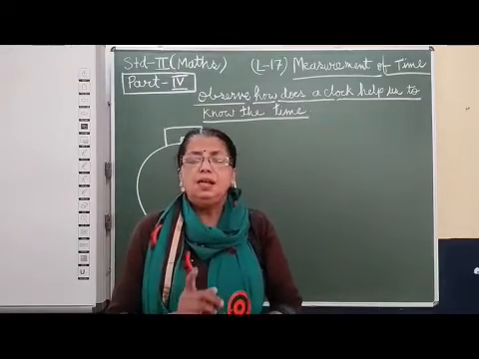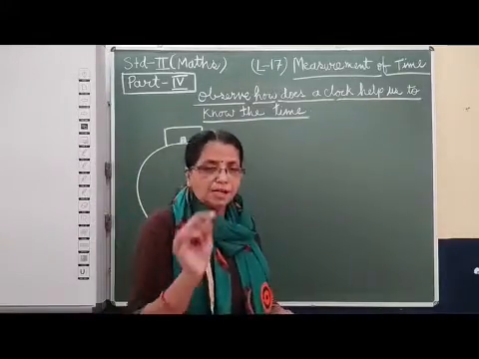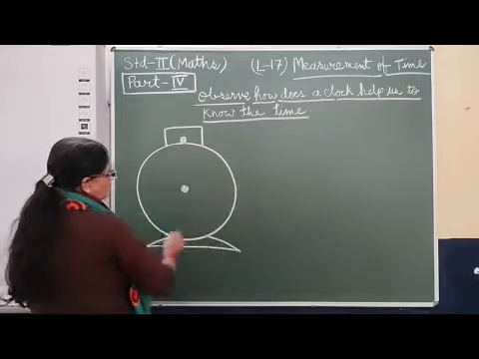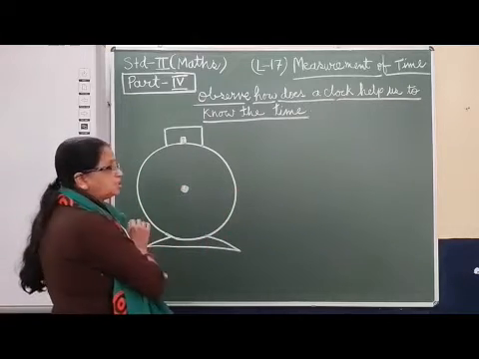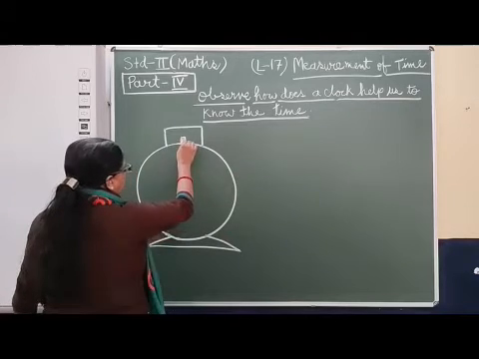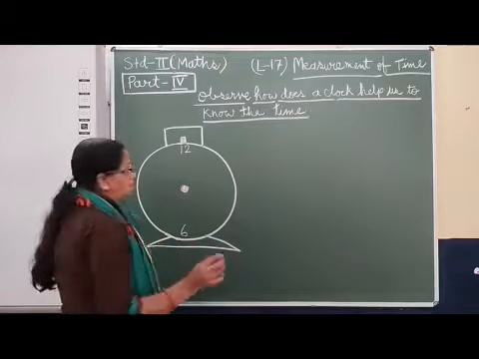First, we will write the numbers in the clock. Let me draw the outline of a clock, with the center dot. In a straight way we will write 12, and straight below, 6. This is the way we have to draw a correct clock.